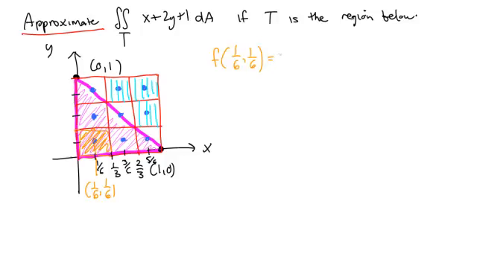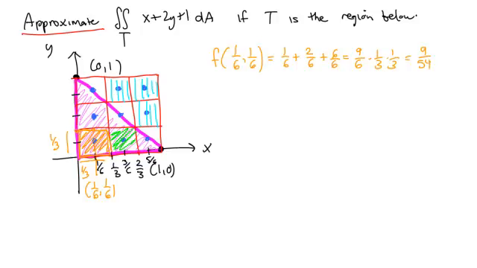We're going to get 1/6 plus 2 times 1/6 plus 1, which is 6/6, which will give me a grand total of 9/6. That's the height of the first rectangle. To get the dimensions of the base, each one of these rectangles is exactly 1/3 unit long and 1/3 unit wide, so the base will be 1/3 by 1/3. And so this will give me a grand total of 9/54 units of volume right here.